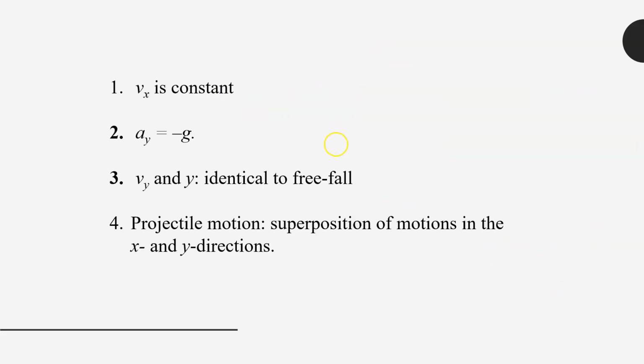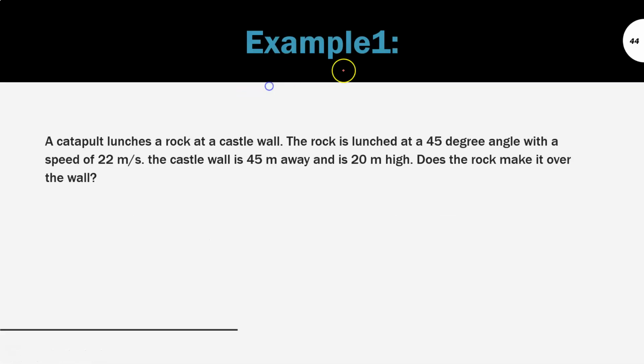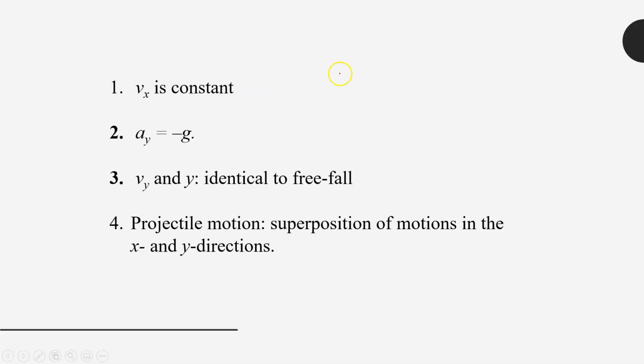Now let's summarize the important facts about projectile motion. Number 1, provided air resistance is negligible, the horizontal component of the velocity, vx, remains constant because there is no horizontal component of the acceleration in the x-axis, and the vertical component of the acceleration is equal to the free fall acceleration. So acceleration in the y-axis is equal to negative g.